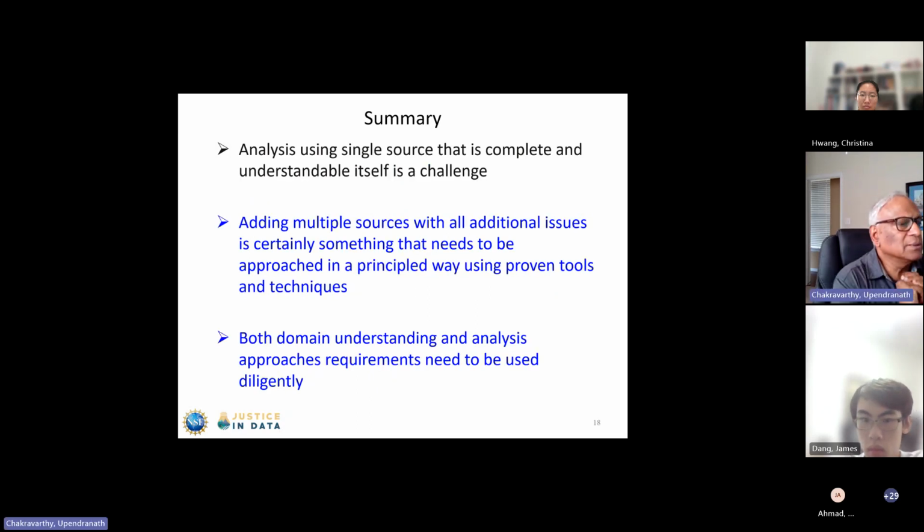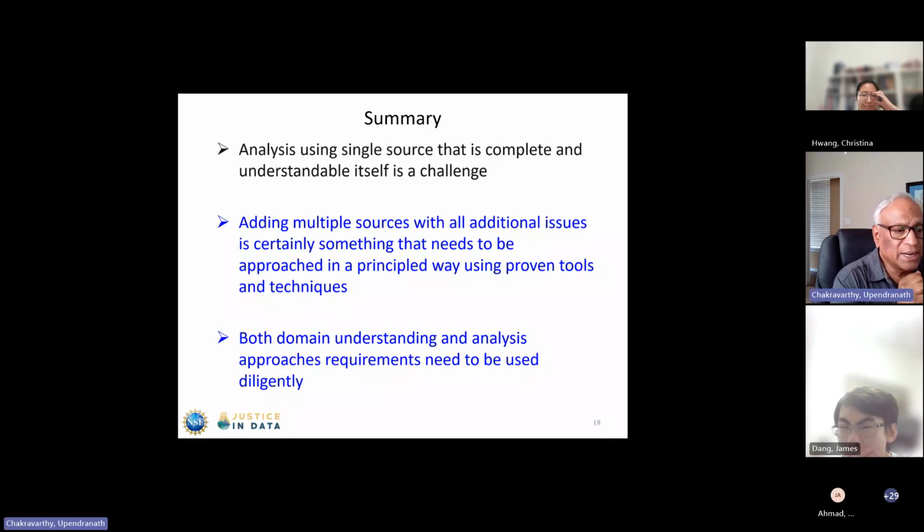To summarize, analysis using a single source that is complete and understandable itself is a challenge. On top of that, if you add multiple sources with all the additional issues, it is certainly something that needs to be approached in a principled way using proven tools and techniques.